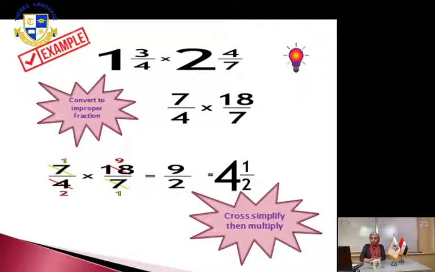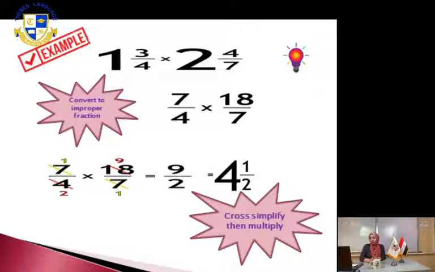Convert the mixed number into an improper fraction. 1 times 4 will be 4. 4 plus 3 equals 7. The first fraction will be 7/4. The second fraction, 2 times 7 equals 14. 14 plus 4 will be 18. We have here 7/4 multiply 18/7.